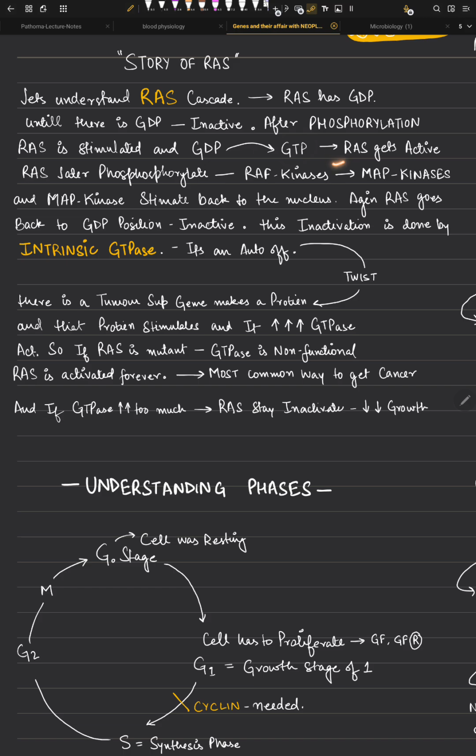Now this RAS gets activated, right? And RAS later phosphorylates RAF kinase, and this further results in MAP kinases, and then MAP kinase stimulates the nucleus. RAF activates MAP, and MAP activates the nucleus, and the new proteins are formed, right?